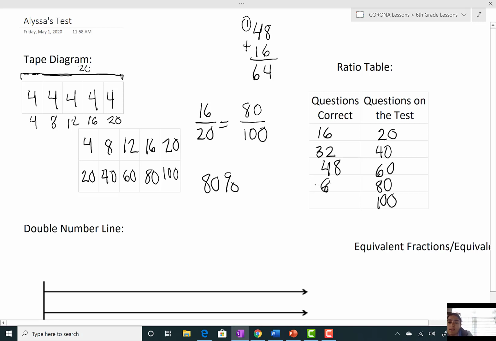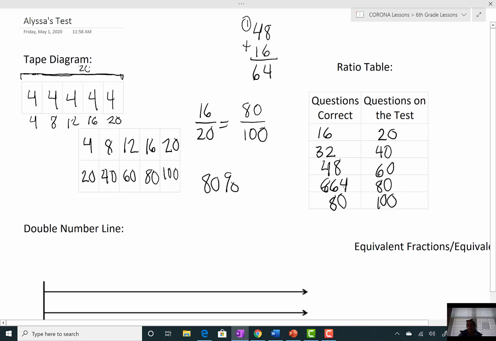Oops. Let's make that neater. Let's try just rewriting it. 64. 64 plus 16 is 80.